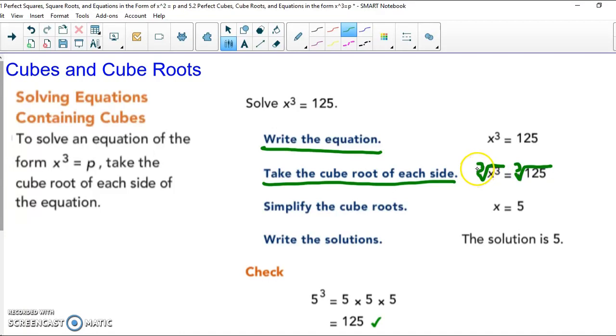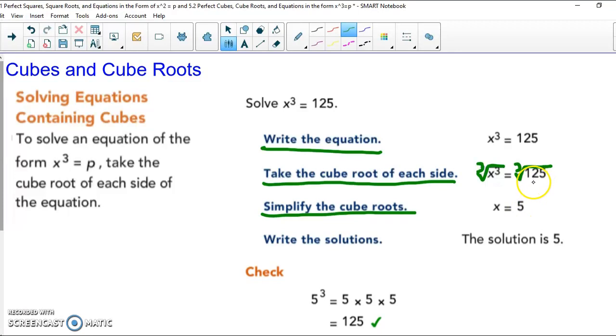Now a cube root undoes, or is the inverse operation of, cubing a number, so that simplifies to x, and the cube root of 125 is 5. So again, I'm thinking what number multiplied by itself 3 times equals 125.